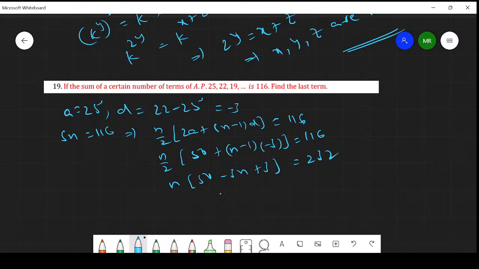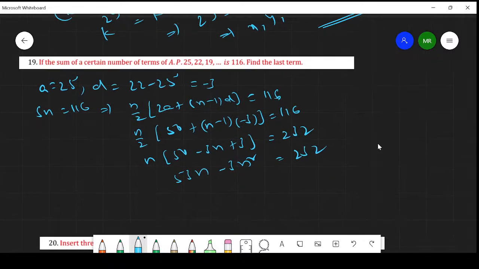Now 50n minus 3n plus 3 comes to 53n, so 53n minus 3n square equal to 232. I should simplify this and transfer to one side: 3n square minus 53n plus 232 equal to 0.